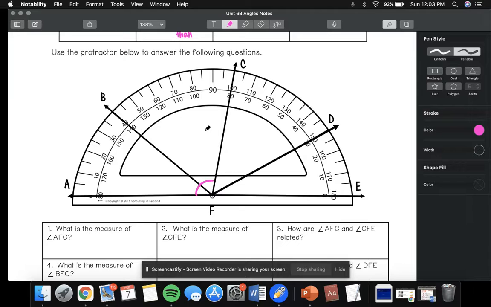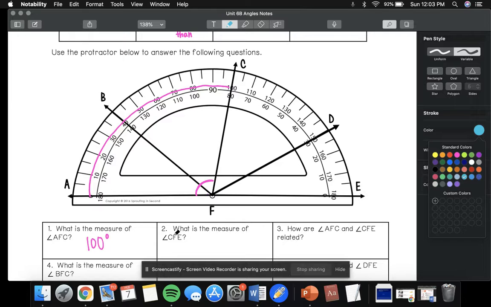Right? So to measure this angle, we're going to go out to where the measurements are. Okay, I see 0 right here. So I'm going to measure all the way until I see C. Okay, so it looks like it's more than a 90-degree angle. Looks like it is 100 degrees.